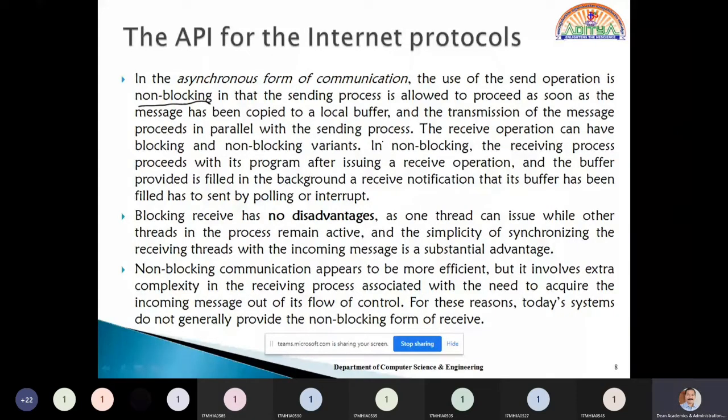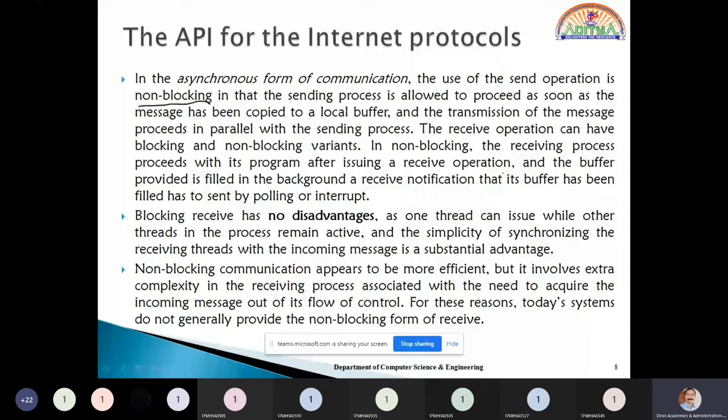Okay. So the sender will place a block of data on the local buffer, and it becomes ready to send another block of data. But the receiving operation can have either blocking or non-blocking variants. In non-blocking, the receiving process proceeds with its program after issuing a receive operation. So first it tries to receive the data.